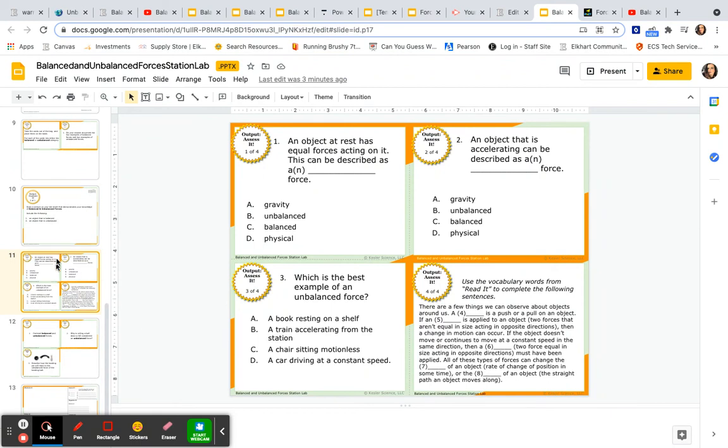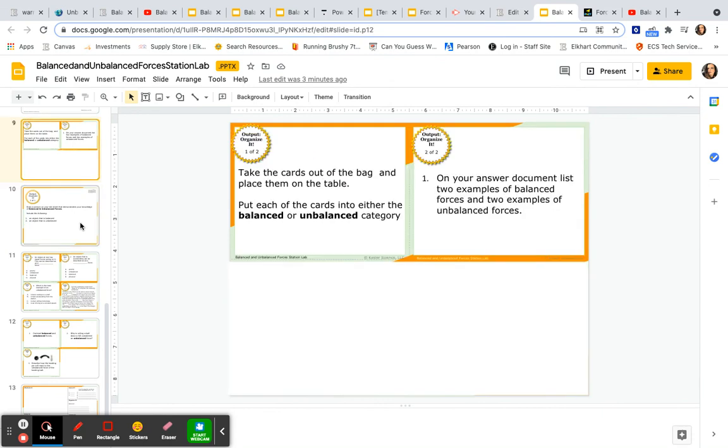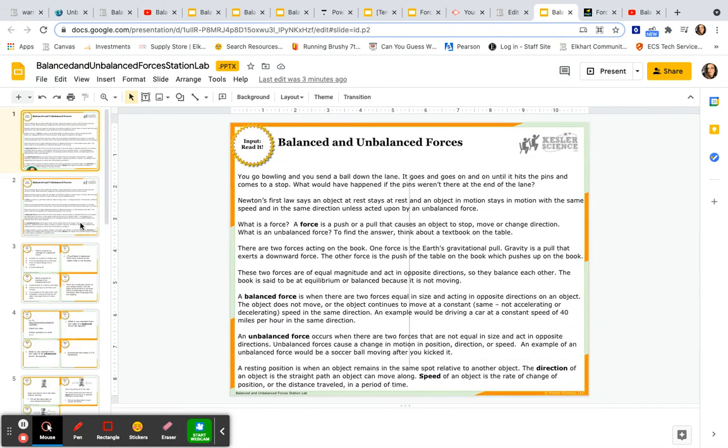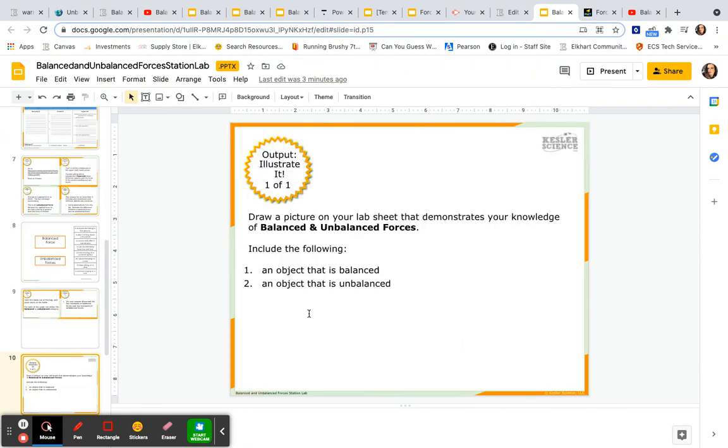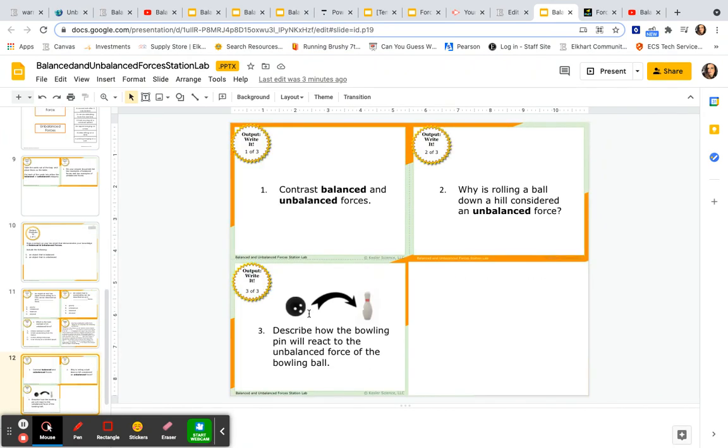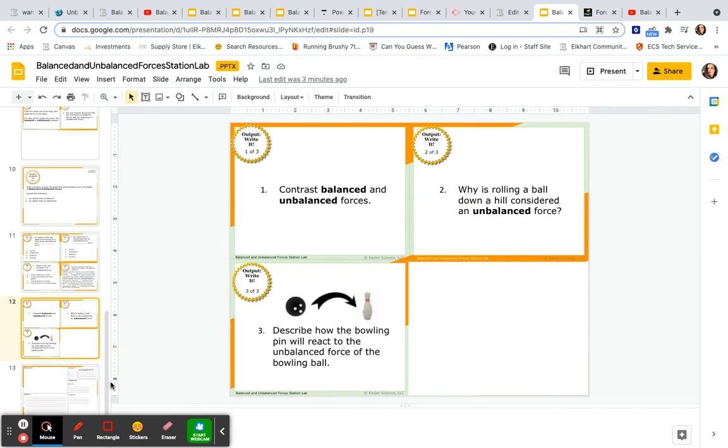So you're going to go back to your Read It here, which is at the top, and you're going to look at your vocabulary words and use these to fill in that slide on slide 11. On slide 12, tell me what are the differences between balanced and unbalanced forces.